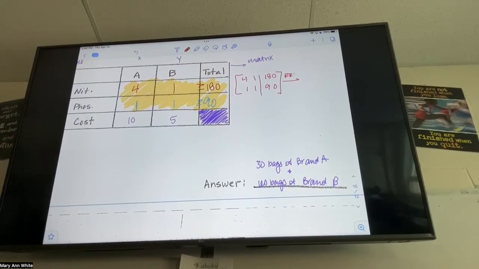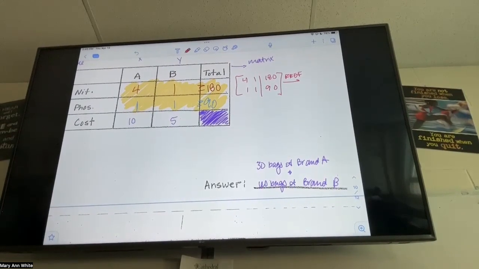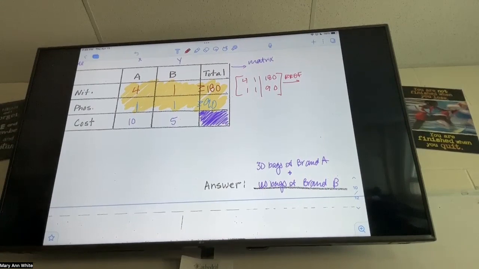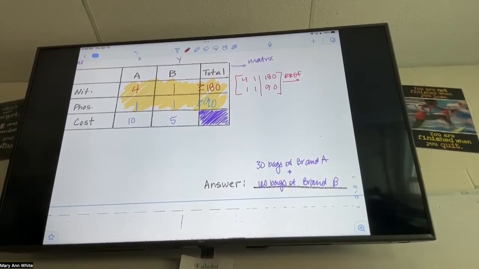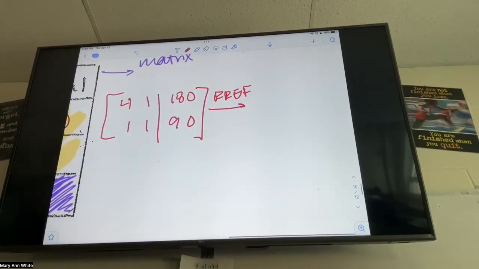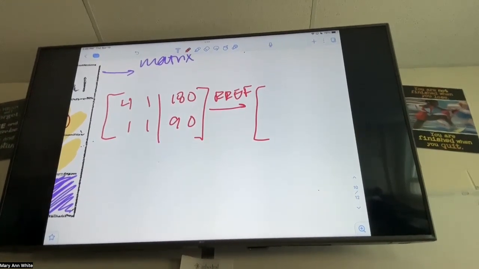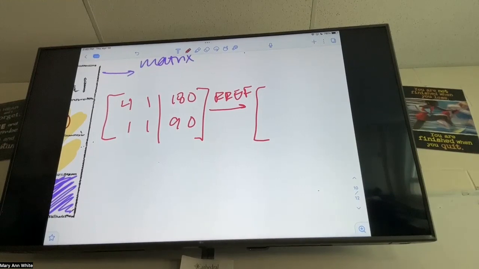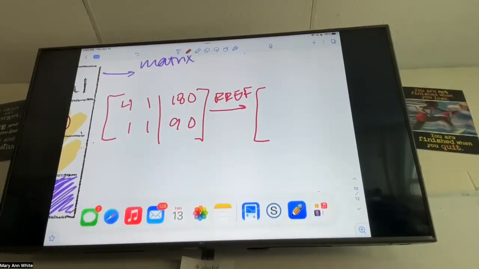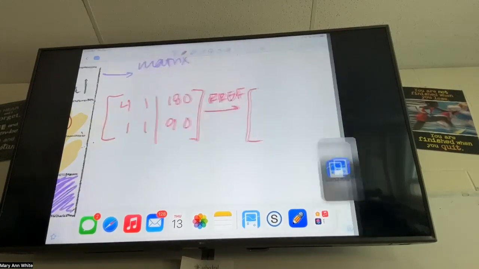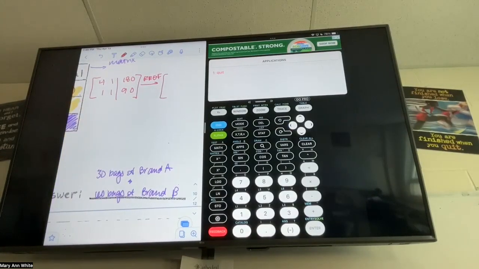Just like I mentioned on the homework, if I don't give you any directions on what to do, let's do RREF. Let's plug in that augmented matrix and see if we get what we want to get. Let's see if we get 30 and 60. Okay. Let me get my calculator up. If anything, this is nice practice on just using our calculator.